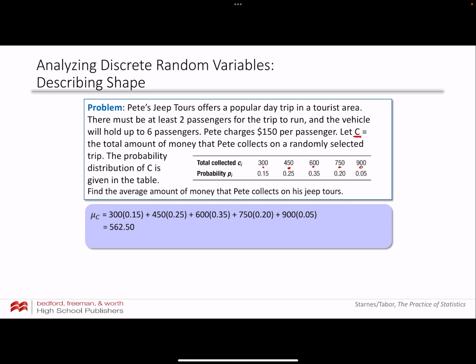We're multiplying each individual value by its probability and adding them up, right? You could do this on your calculator, but typing this in by hand is kind of a pain. Of course, we have a shortcut on the calculator. But his average amount of money that he collects is $562.50, or we could also call that his expected value.